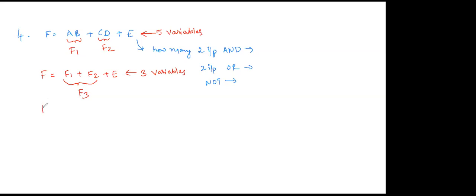F3. F is equal to F3 plus E. Now two variables. Stop the grouping process. Now F3 plus E, plus is nothing but an OR gate. So one input is F3, one is E. Now, next, F3 is F1 plus F2, which is nothing but an OR gate.